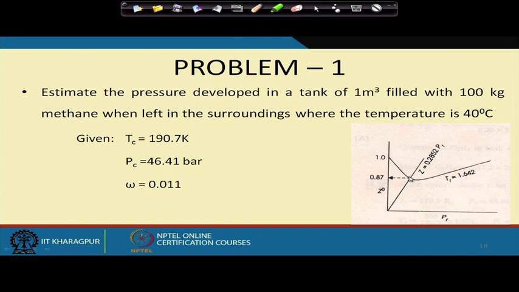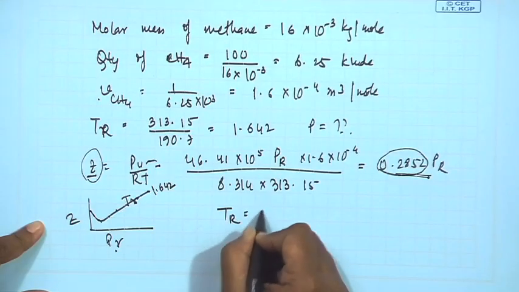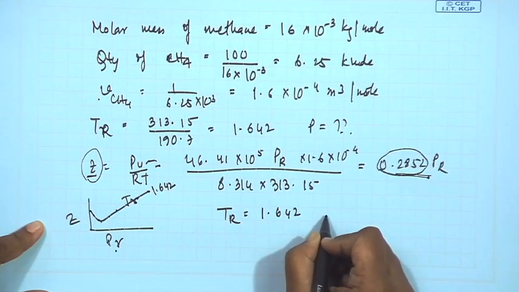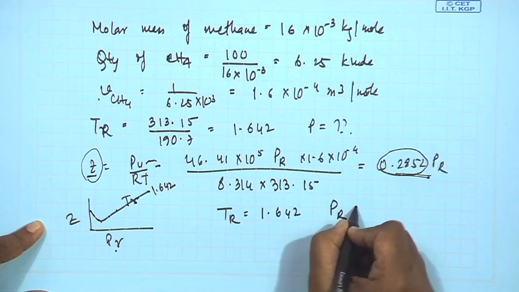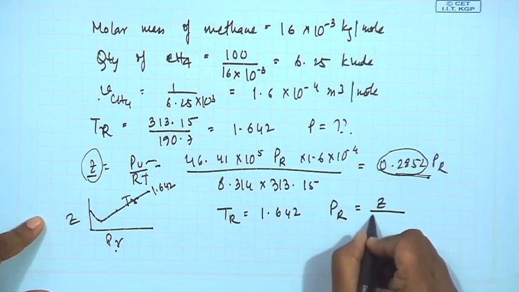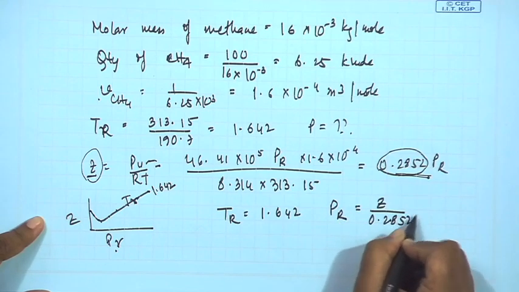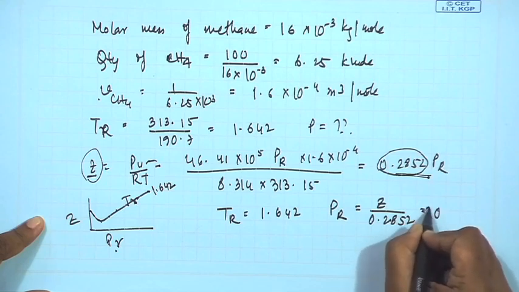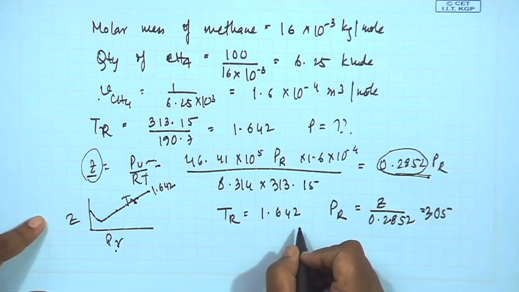So, naturally, this is going to be the point in question, and for that point you know Z0. You find that Z0 is nothing but 0.87. So, naturally, from here you know that at Tr equal to 1.642, your PR is going to be Z by 0.2852. So, you know the PR is going to be 3.05, right.